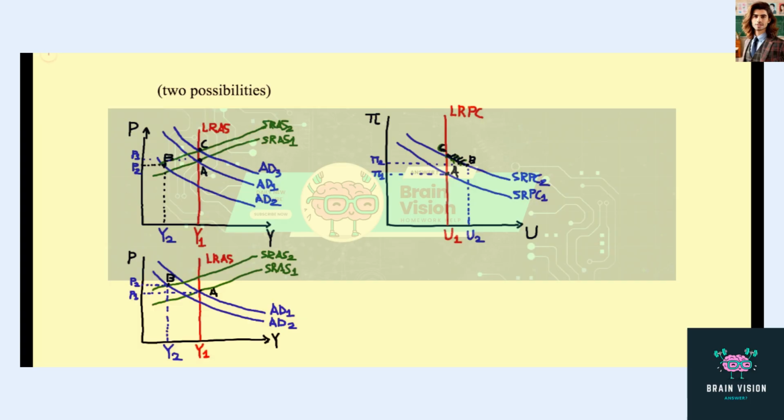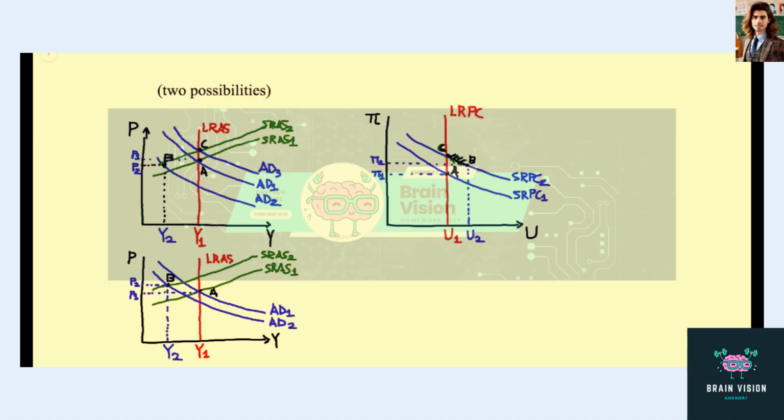As always, the long-run Phillips curve intersects the x-axis at the natural level of unemployment U1. The economy is initially at point A, which is the intersection of the long-run Phillips curve with the short-run Phillips curve. Point A is the long-run equilibrium resulting in an inflation rate of pi 1.